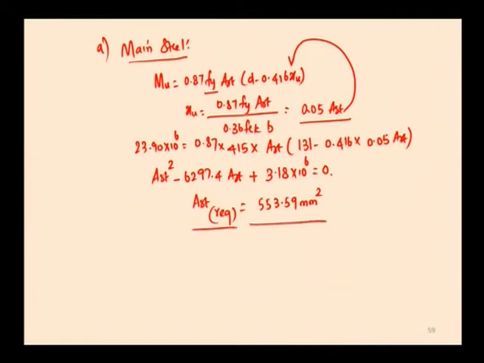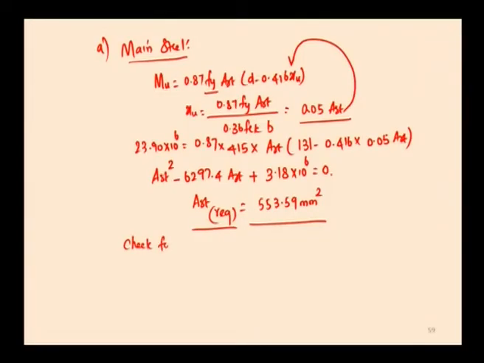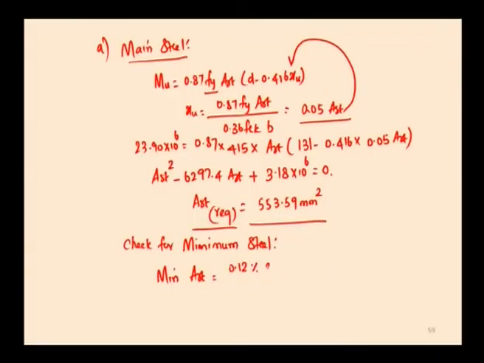Again, I am going to check this main steel with the minimum steel which is given in the code. Check for minimum steel. Minimum AST required, if I am going to use the Tor steel, will be 0.12% of cross sectional area of concrete.